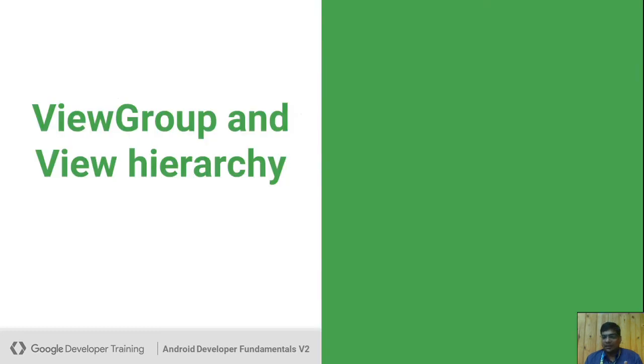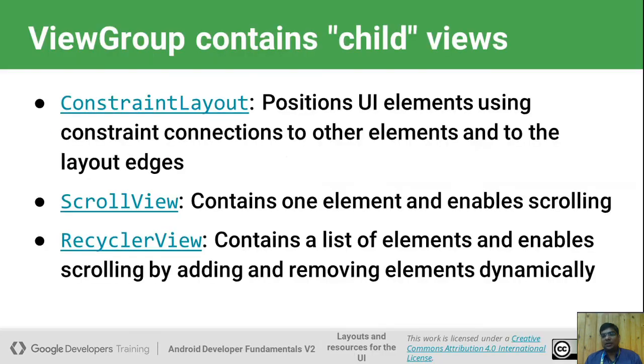Now next, we discuss view groups and view hierarchy. View groups contain child views. Child means components like a button, a text view, an edit text, and many things.